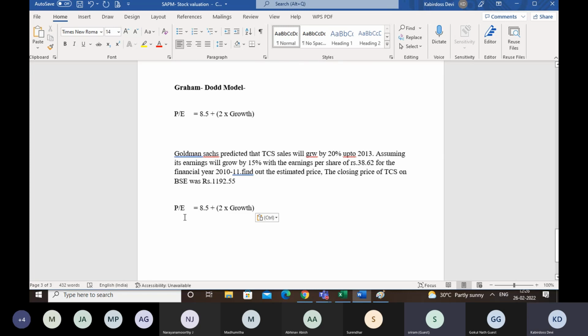Here I just want the price. So price is equal to earnings into 8.5 plus 2 into growth. Now we just have to calculate the estimated price.